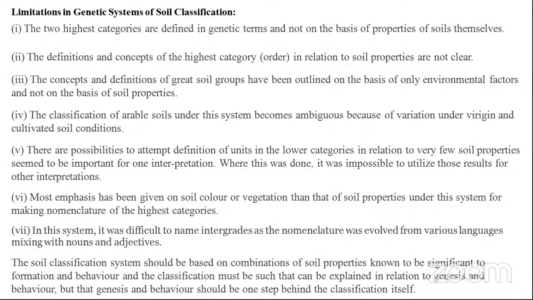Also, students, if you see arable soils, there is a big confusion. Which soil is called virgin soil, which is not cultivated? And the nomenclature is very difficult, students. The words are very difficult.